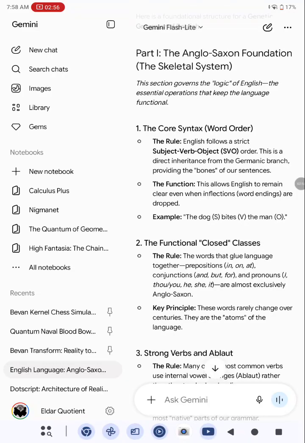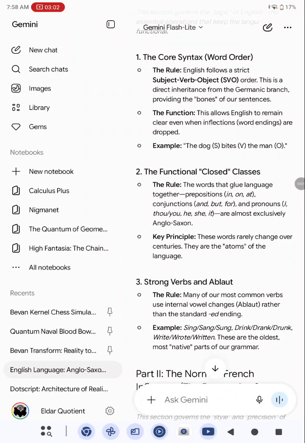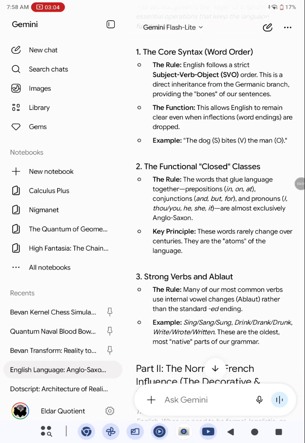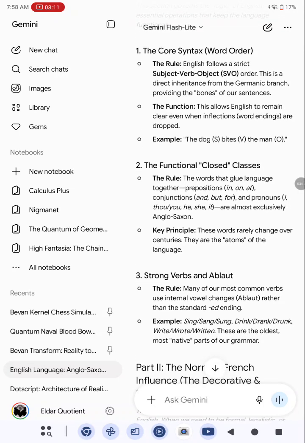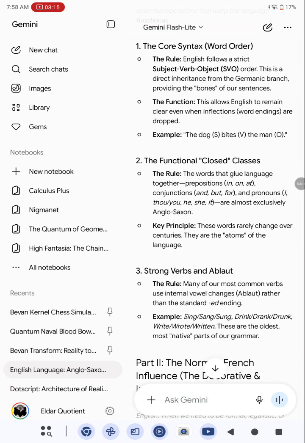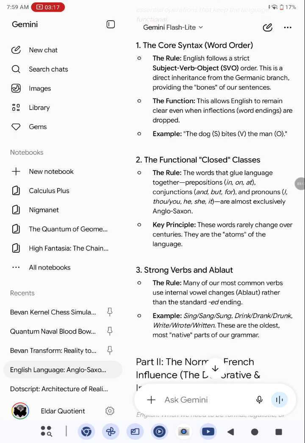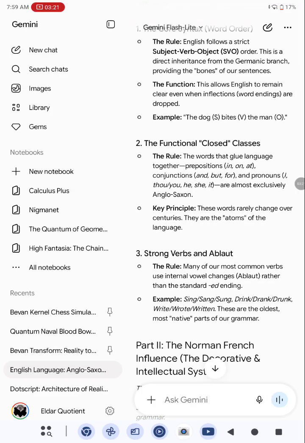So you start with the Anglo-Saxon foundation or the skeletal system. And number one is the word order or the core syntax, where English, first or second language, follows a strict subject, verb, object order.